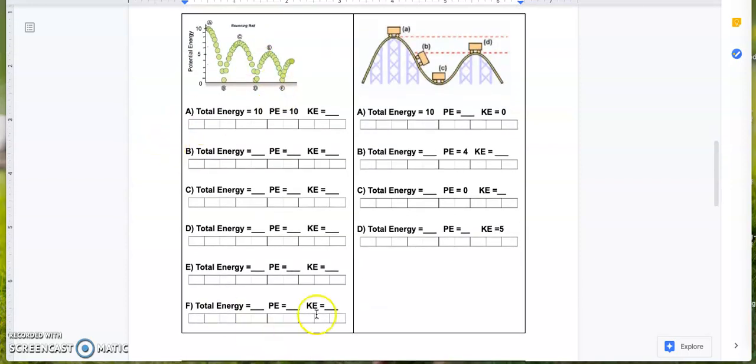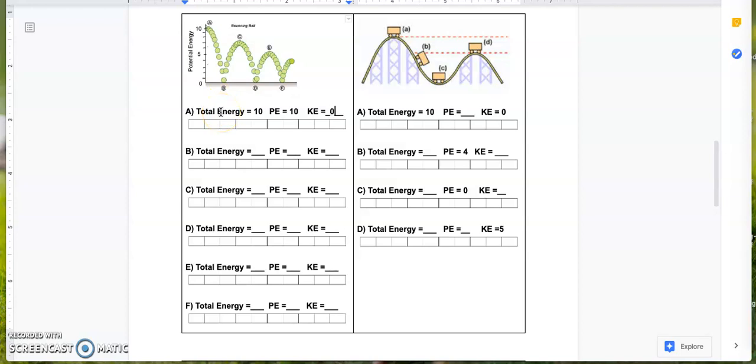So we're going to start with this bouncing ball. At first, it's up here at A, B, C, D, E, and F, and we're going to look at the total energy. The total energy it has up at A is 10. Its potential energy is 10, which means its kinetic energy must be what if we add potential and kinetic together to get our total?